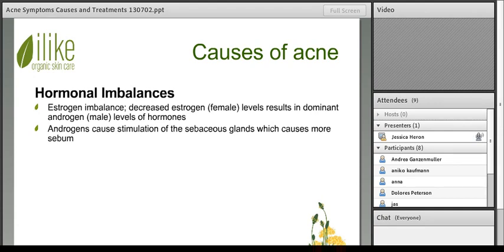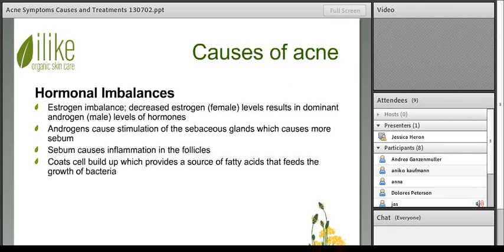Basically, males and females produce both male and female hormones, which are transported around the body via your circulatory system. Hormones, specifically male hormones or androgens, are the mechanisms that cause stimulation of the sebaceous glands, which in turn produce even more sebum. The sebum causes inflammation in the follicles, and it also coats cell buildup and provides a source of fatty acids, which is the food for the acne bacteria.